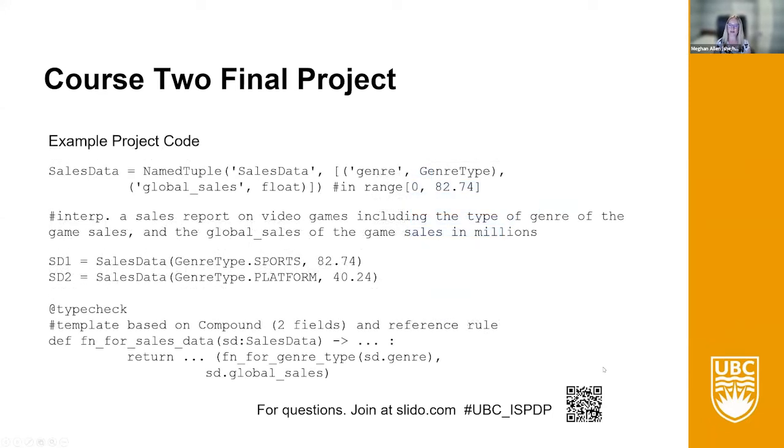And this here is just a piece of code to show you the kind of code that we write in this class. So this is how they chose to represent the sales data. Each piece of sales data, as you can see at the top, had a genre, which is what we ended up seeing on the graph before, and then the global sales.